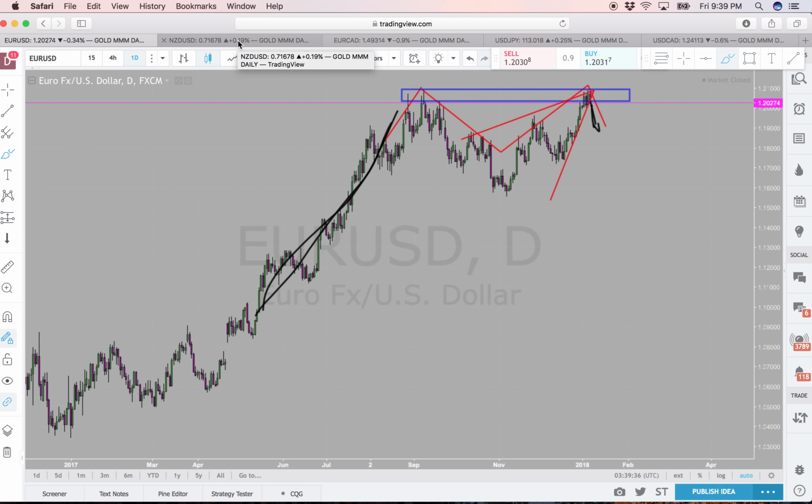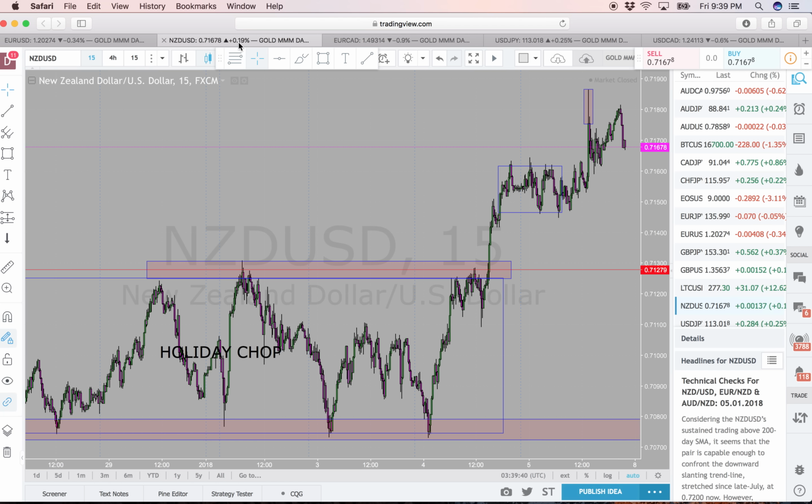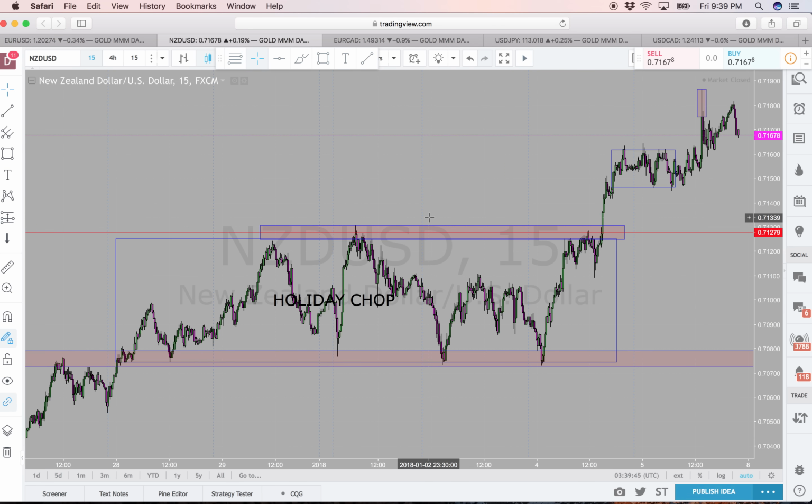So that has all the potential to reverse yet. So let's go on to another chart.